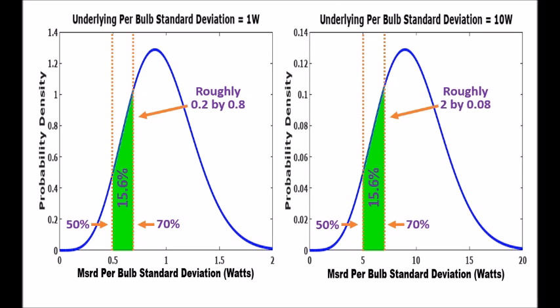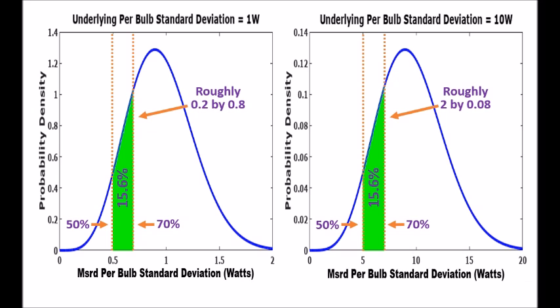So, we still have uncertainty in our uncertainty. In other words, uncertainty in our underlying standard deviation. But we now have a better handle on it. We now know the probabilities that our measured standard deviation is within certain percentage ranges of our underlying standard deviation.